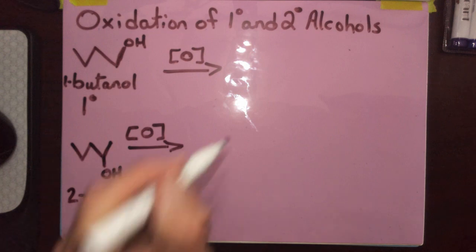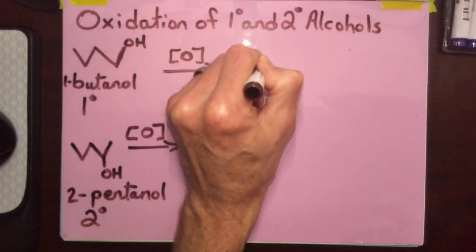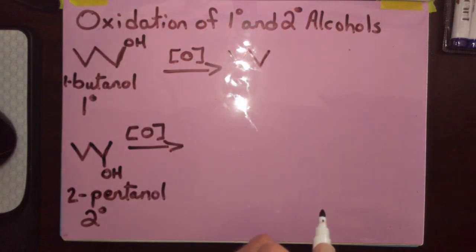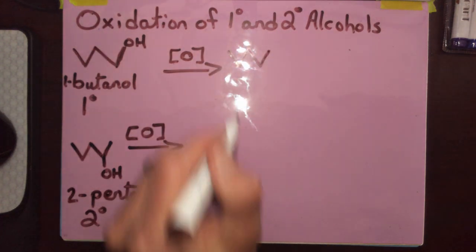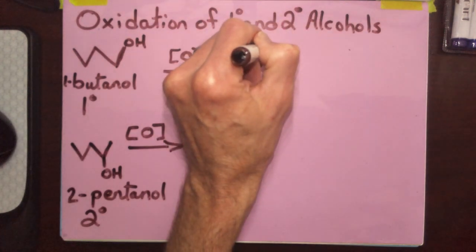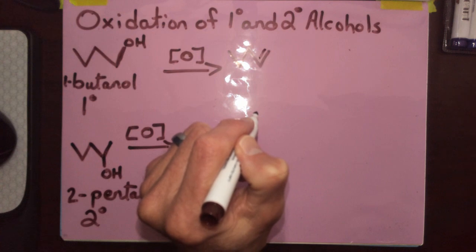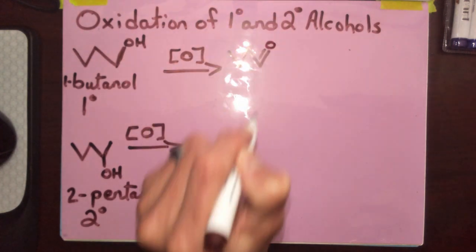The primary alcohol can transform into an aldehyde. Okay, into an aldehyde. So 1, 2, 3, 4, and a double bonded oxygen.